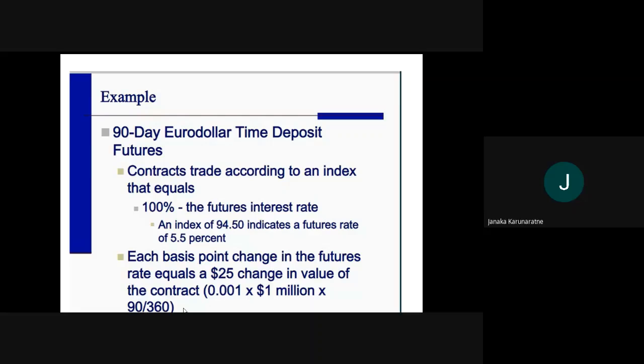Now, in your bank, your risk management people or bank traders talk about a change of 15 basis points. Interest rates have moved up by 15 basis points. What do you mean by that?